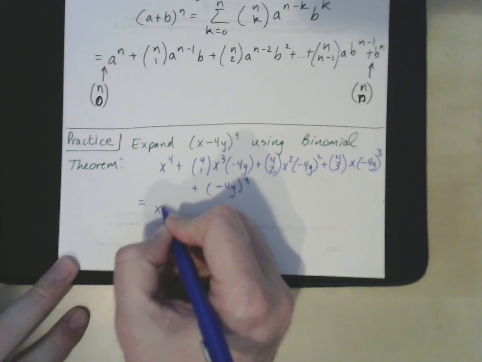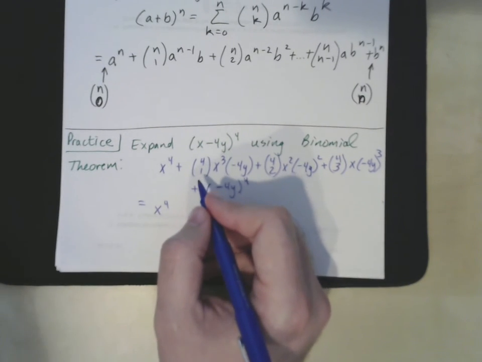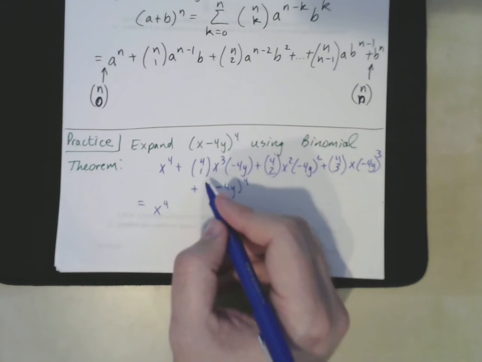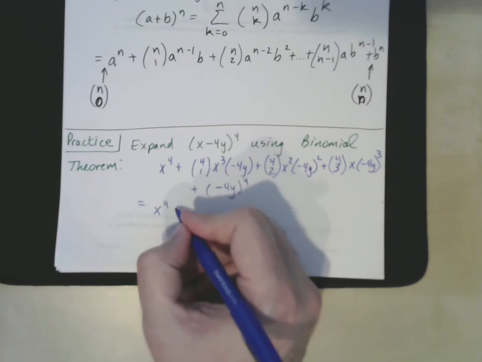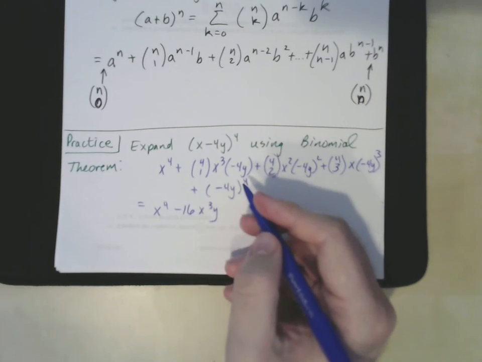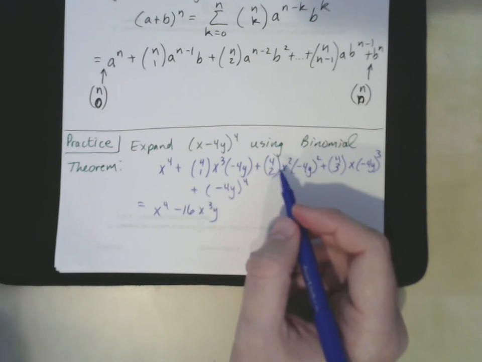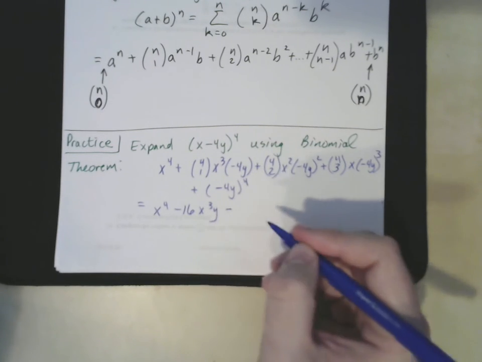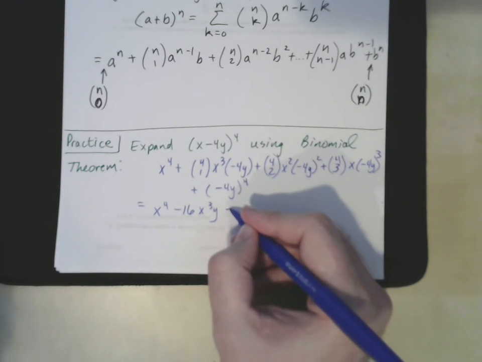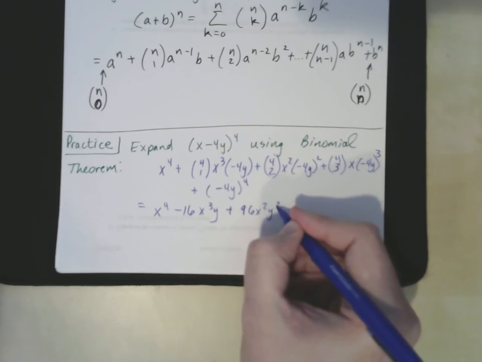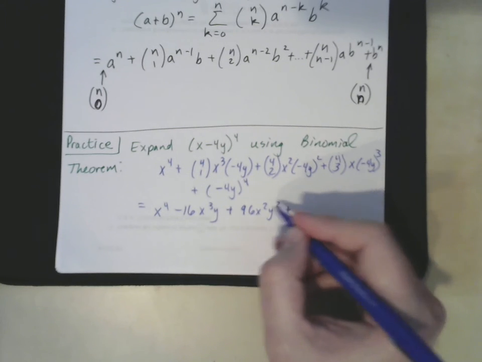And simplifying, we have x to the 4th. 4 choose 1 we know is just 4. 4 times negative 4 is negative 16 x cubed y. 4 choose 2 is a lot bigger. And when you simplify that out, we get plus 96 x squared y squared. 4 choose 3 is even bigger than that.